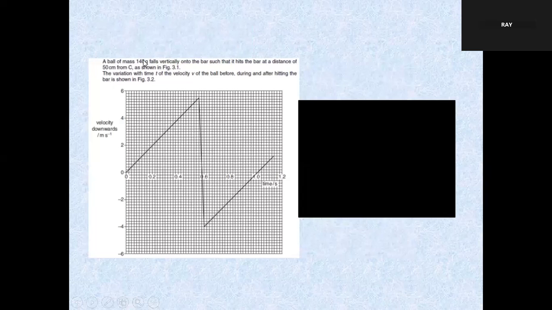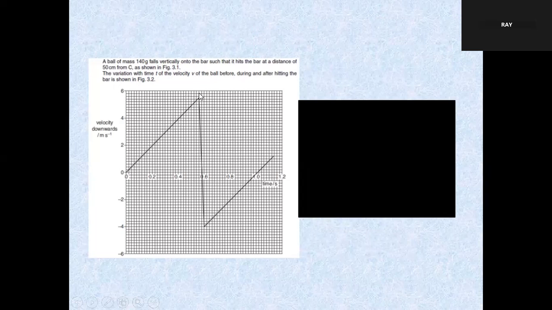A ball of 400 grams falls vertically onto the bar at a distance of 50 cm from C as shown in figure 3.1. The variation with time t of the velocity of the ball before, during, and after hitting is shown here.